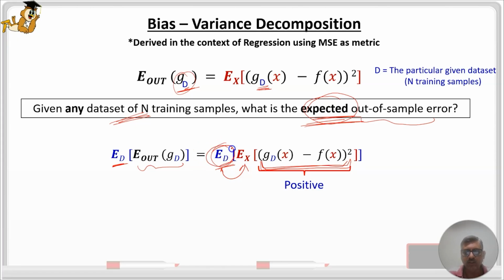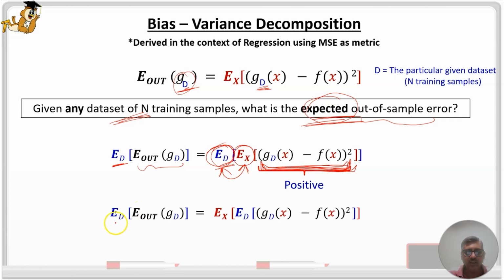You remember how the expected values are found. These are essentially integrations for continuous variables or summations for discrete variables. And what I'm saying is that you can interchange their sequence simply because this quantity here is always positive. You wouldn't have been able to interchange their sequence if this was not always positive. But because this is always positive, we are going to interchange their sequence and see what we have.